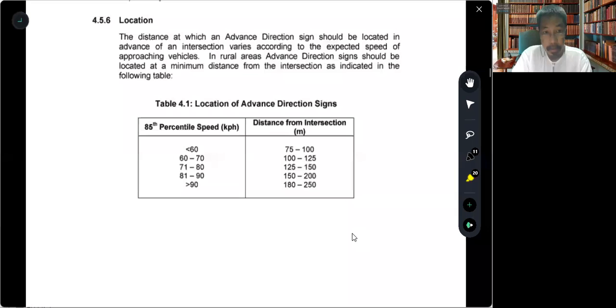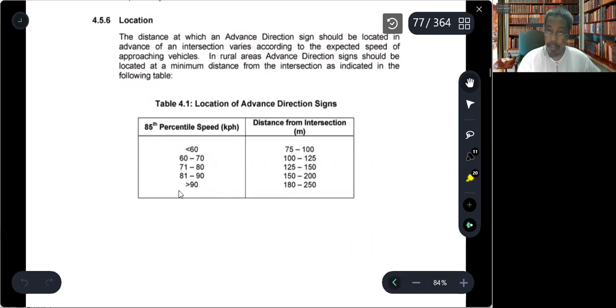Okay, so we have what? 85th percentile speed in kilometers per hour. So if the cars are supposed to travel that road at less than 60 kph, okay, 85th percentile speed.